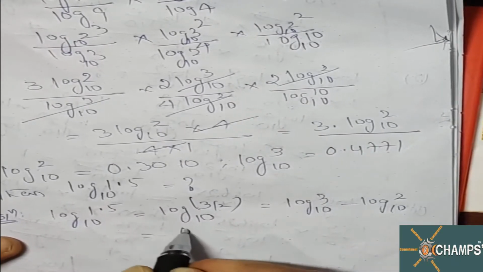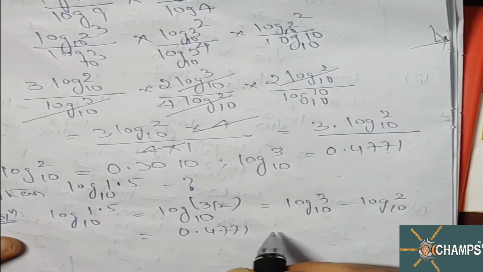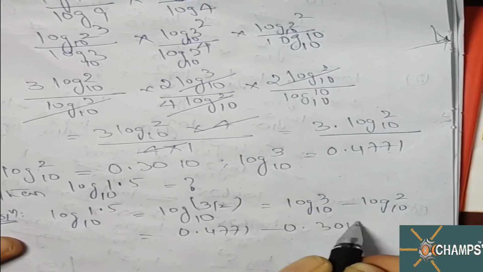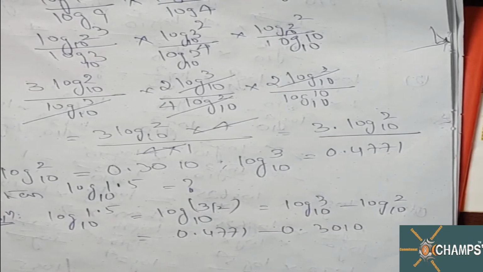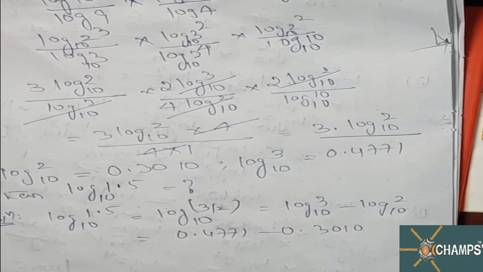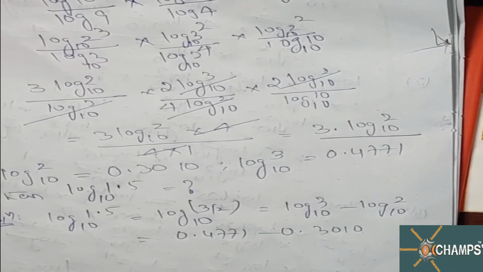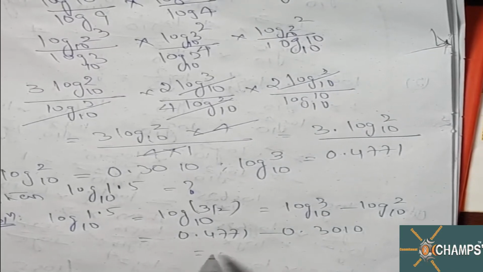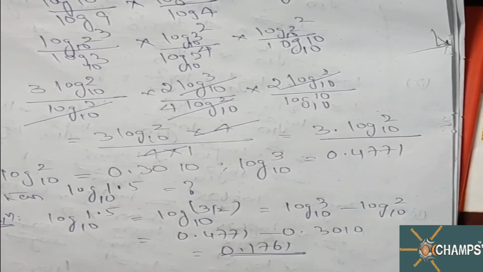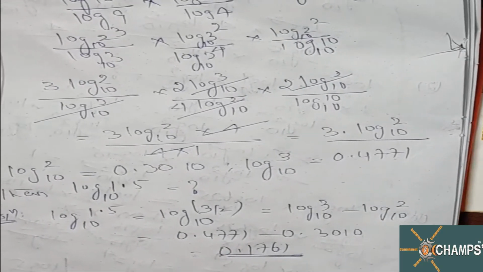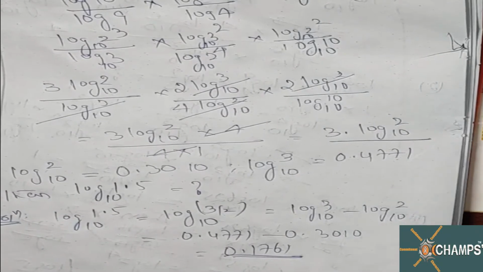This is equal to 0.4771 minus 0.3010. This is 0.1761. This is the answer to this question, sir.